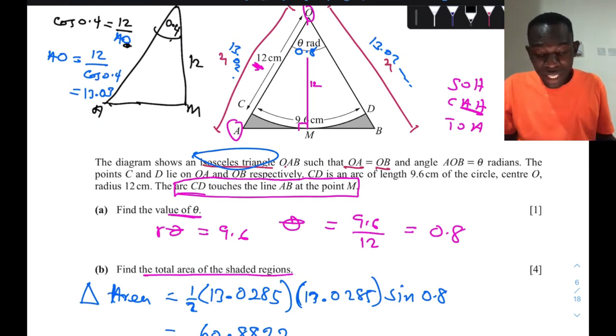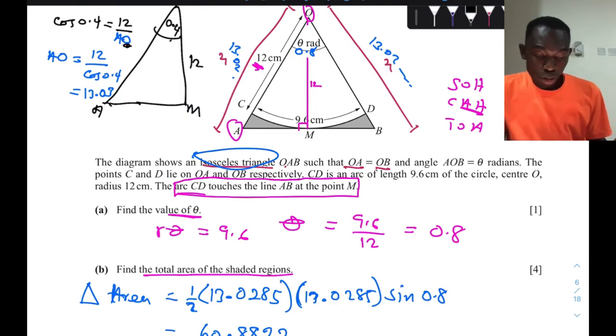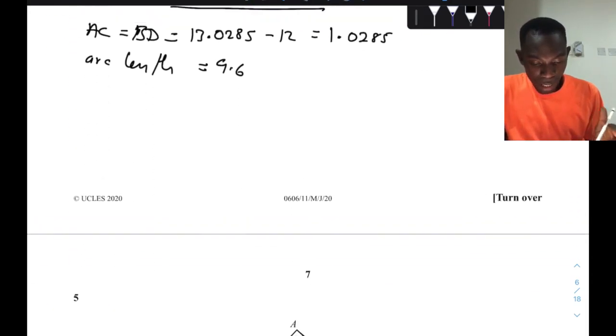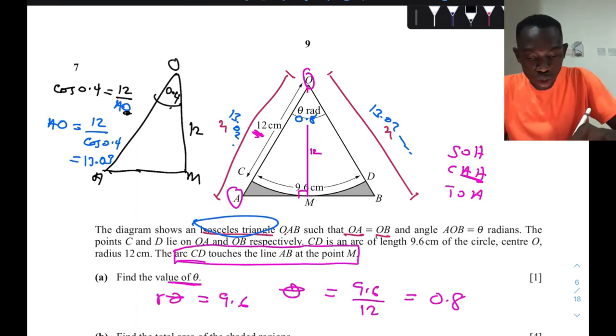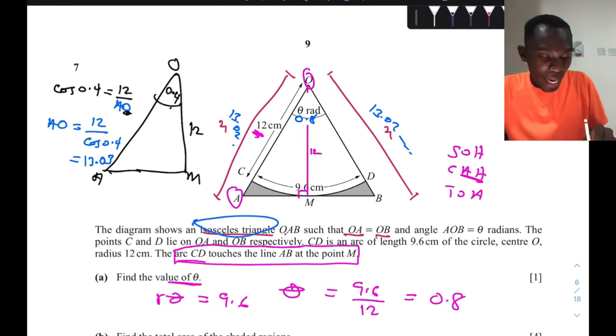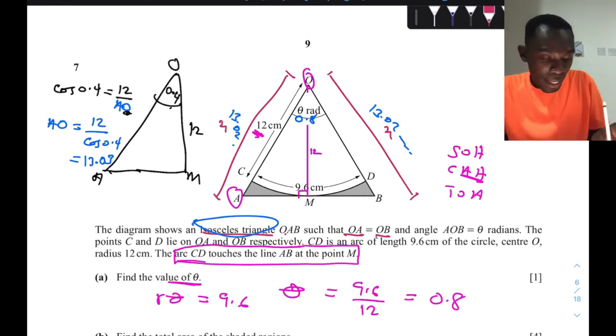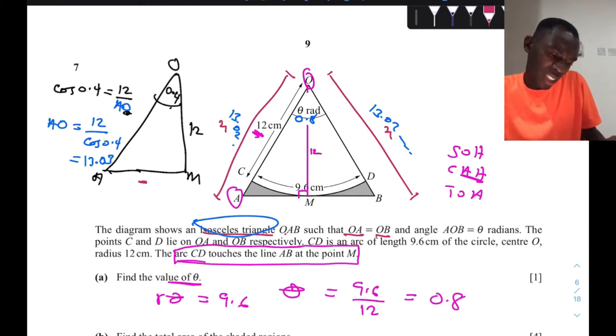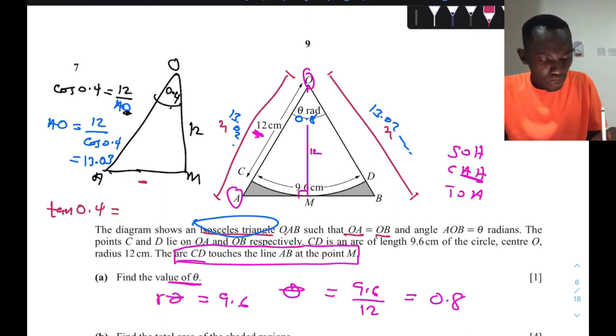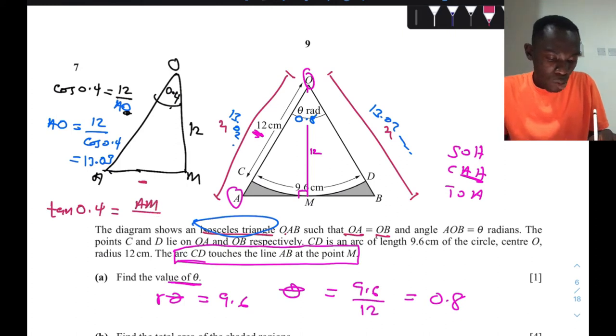Now to find the value of AB, you can use the triangle that we drew. Where is it? Did I clean it? Yeah, it's here. So we can use this triangle to find the value of AM and then multiply it by 2 to get the value of AB. So if I want what is here, I can use tan, right? So tan 0.4 is going to be AM over 12, right?